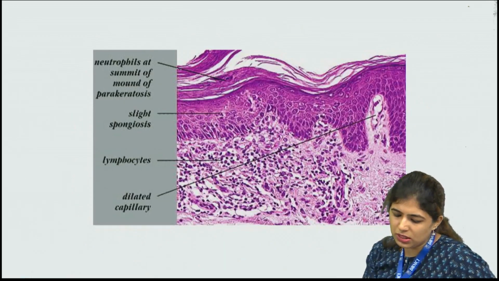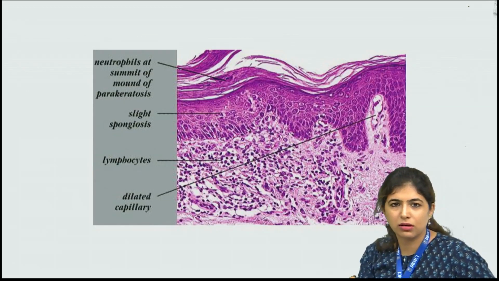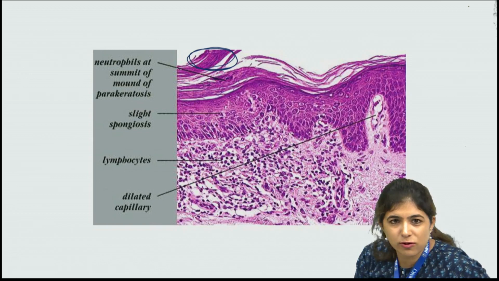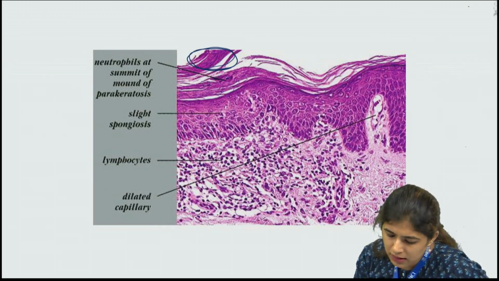I have another image, this one, the low power image. Parakeratotic cells, these are the parakeratotic keratinocytes in the stratum corneum. Then these few cells here are your neutrophils forming the Munro's microabscesses.